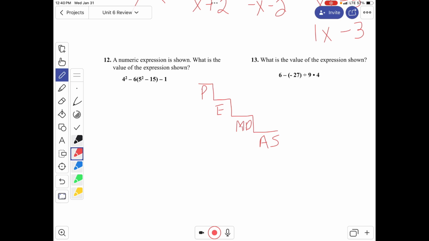So on number 12, I'm looking for the parentheses first. Well, the first thing I see in parentheses is 5 to the second power minus 15. So first I've got to figure out what 5 to the second power is. So I'm doing this part first.